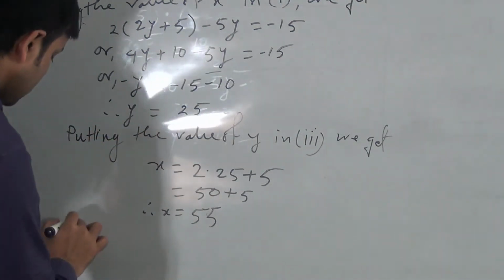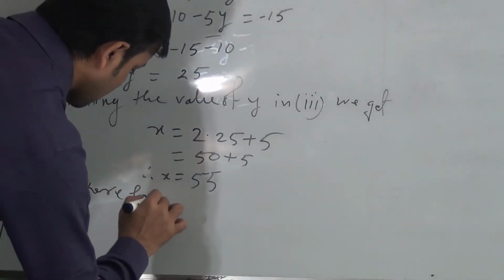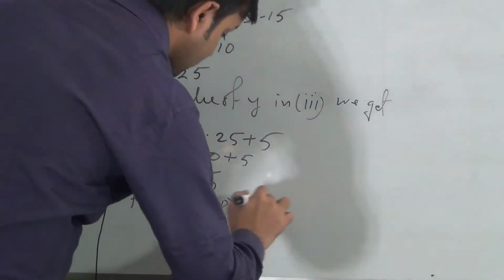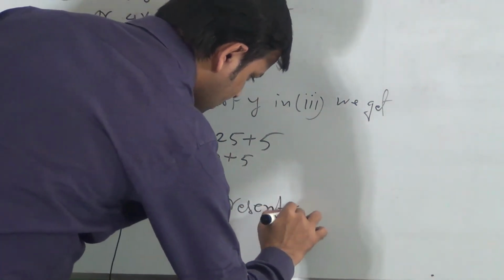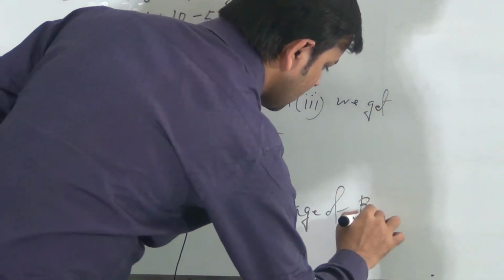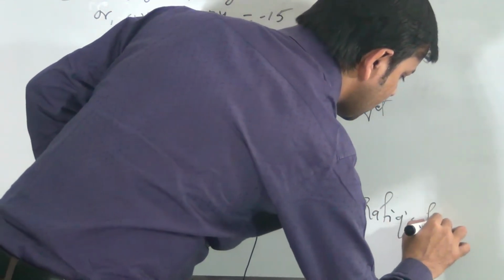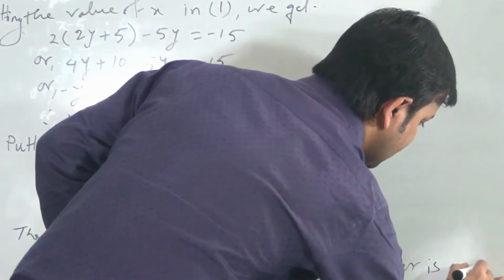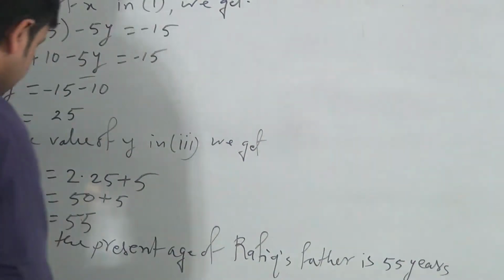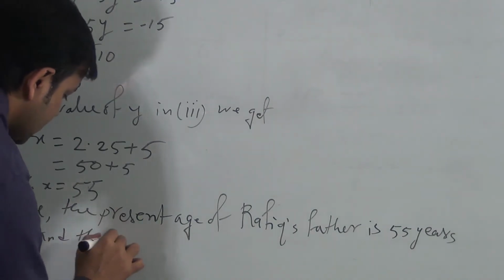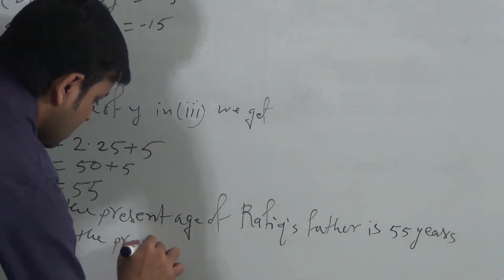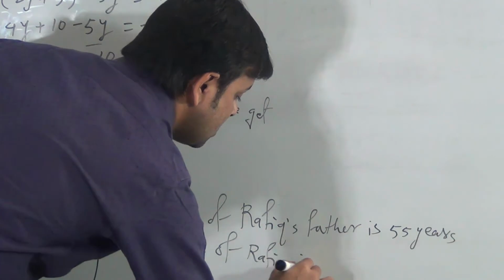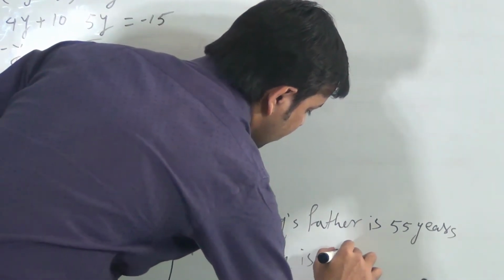So we can write here, therefore the present age of Rafiq's father is 55 years and the present age of Rafiq is 25 years.